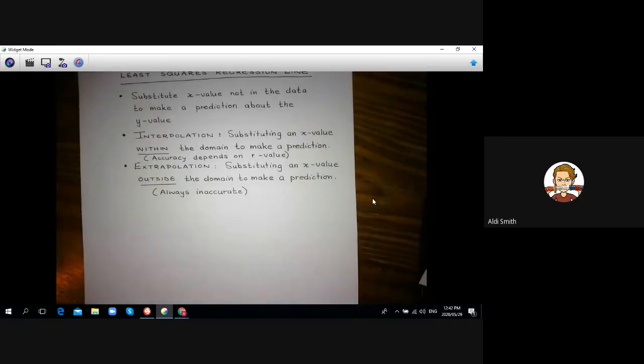When we use these lines to make predictions, we talk about interpolation, that's the first word, and extrapolation, that's the second word. Now, interpolation means the x value that we substituted into the line lies within the domain. And when you ask what's the domain, it's quite simple.